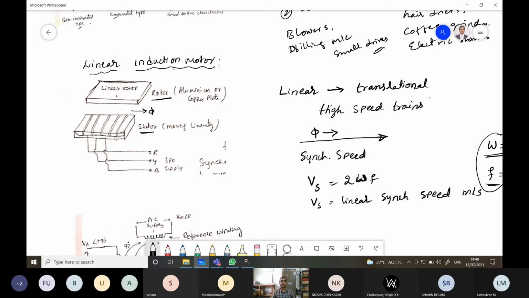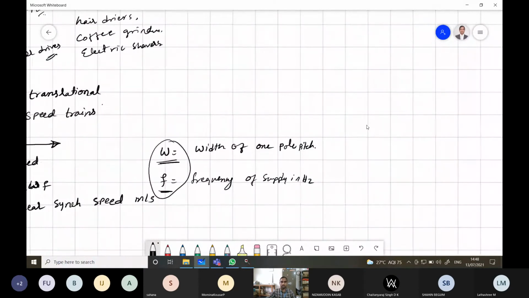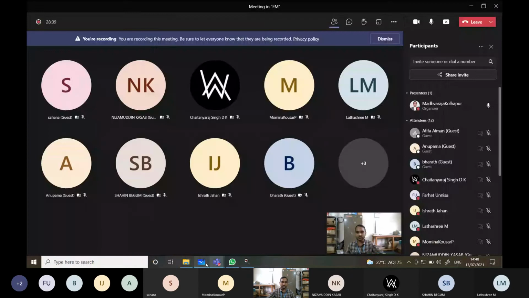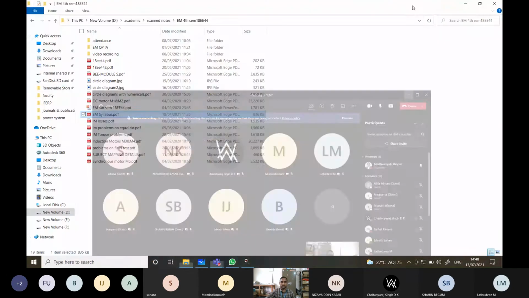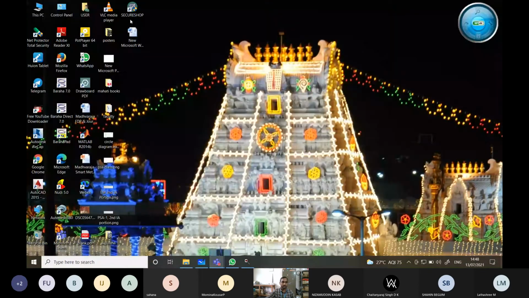The rotor is composed of thick aluminum plate, or some copper plates are used, and it is fixed to the ground and extends over the full length of the track. Suppose your track is there; I will show how the magnetic levitation works. I'll show here.